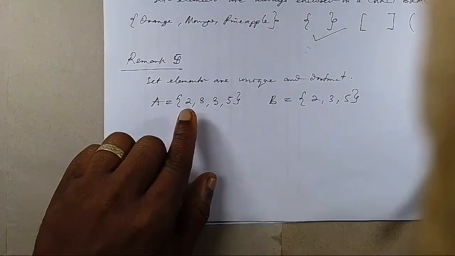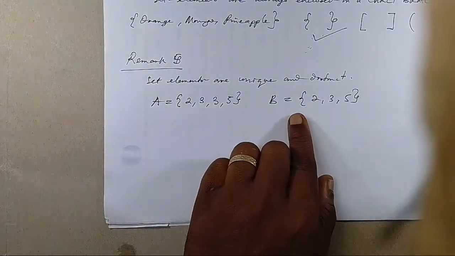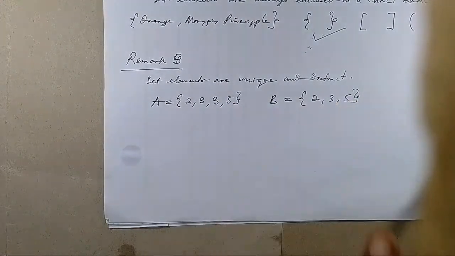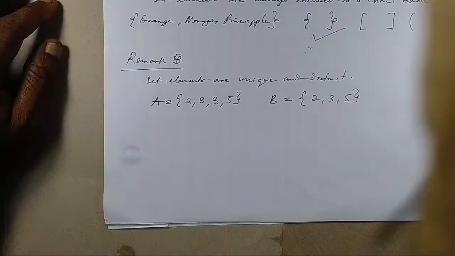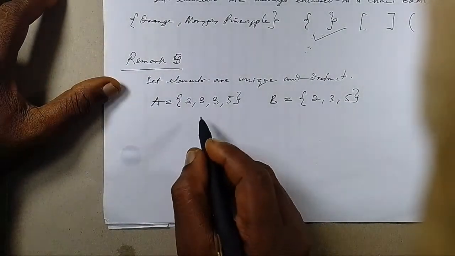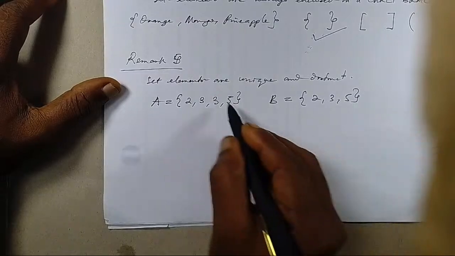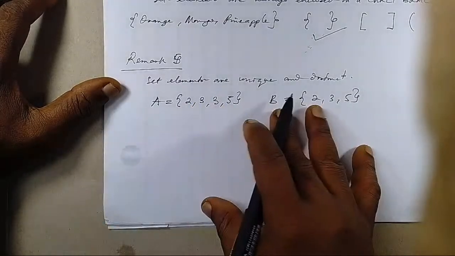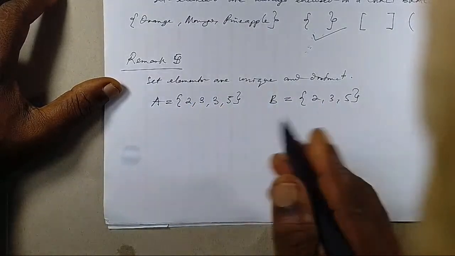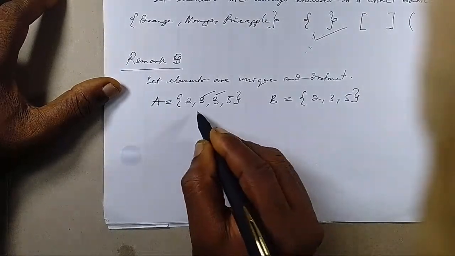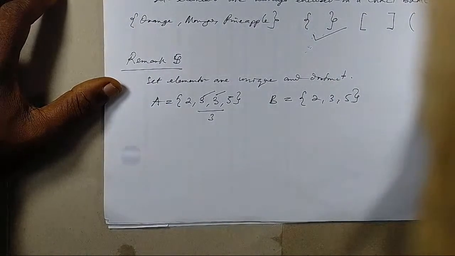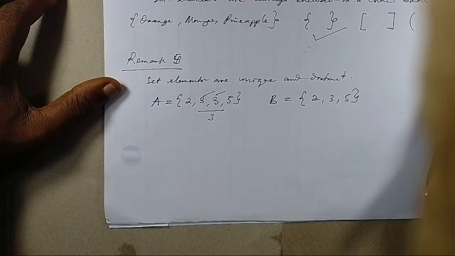If a set contains 2, 3, 3, and 5, and another set contains 2, 3, and 5, they are the same. It means that the elements in a set, in set theory, we don't accommodate repetition. These two elements, 3 and 3, count as 1. No matter the number of times an element finds itself in a set, it is counted once.